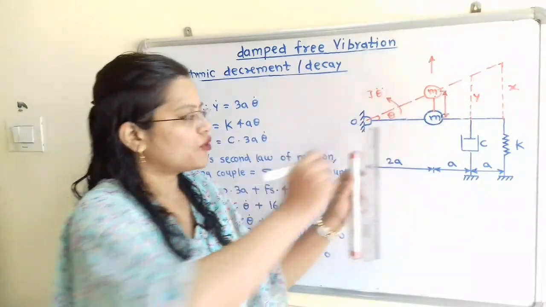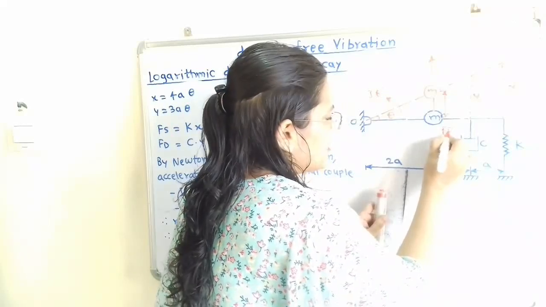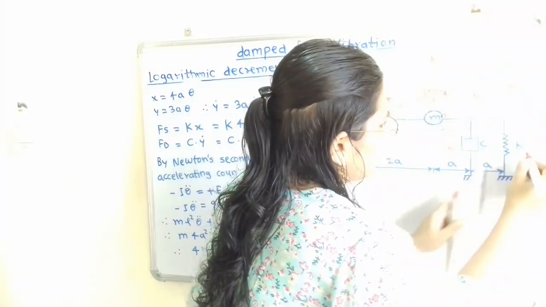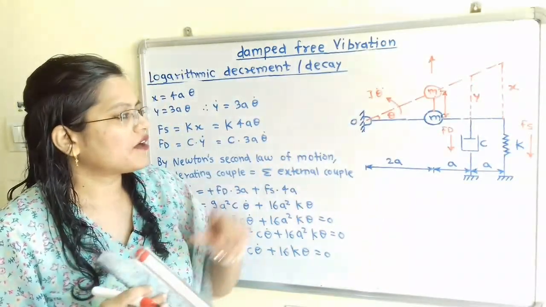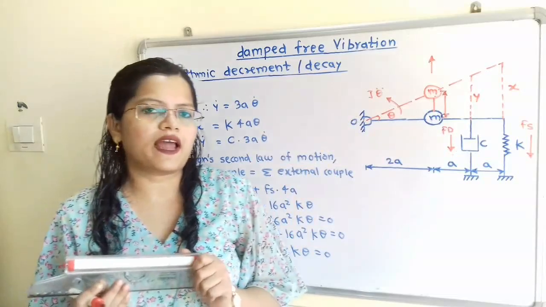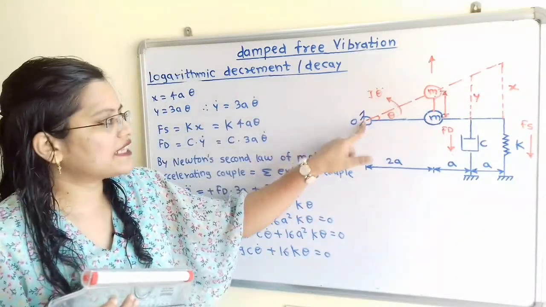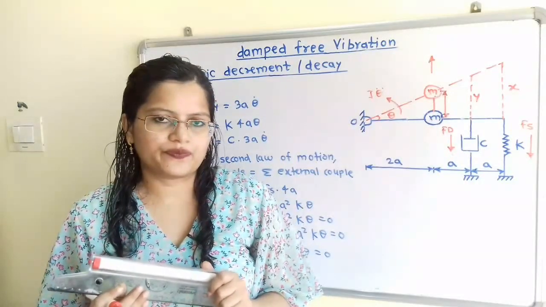So we show the damper force Fd in the downward direction, and in the same way the spring force Fs will also act in the downward direction. Now if we observe this diagram, here is the accelerating couple I theta double dot, and that will act in the anti-clockwise direction about point O.